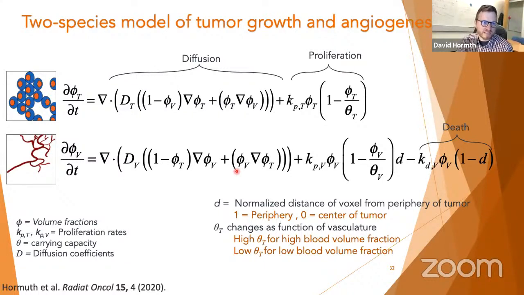In glioblastoma, there's a phenomenon called pseudo-palisading, where cells have a directed motion away from regions of necrosis and towards regions of more nutrients or more oxygen. We are not explicitly modeling necrosis or oxygenation, but this term in the tumor cell equation could be modeling that in some respect. Does that help? Yeah, thanks. Okay.